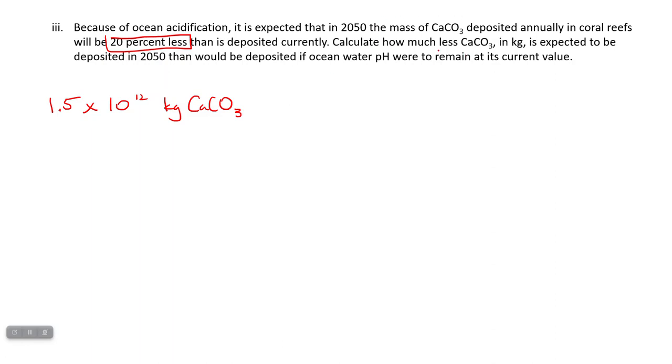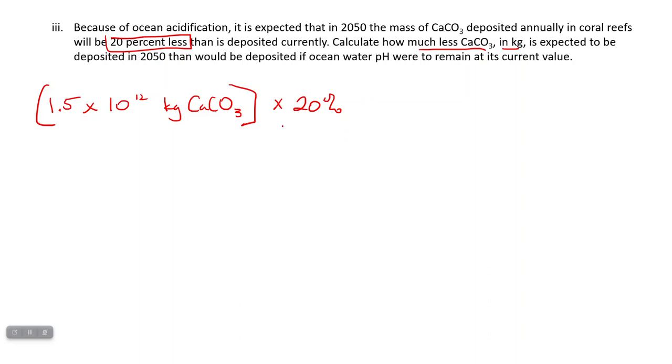They want us to calculate how much less calcium carbonate in kilograms will be deposited in 2050 if conditions like ocean water pH stayed the same. So basically, we need to take this number, which is the current amount of deposition, and multiply it by 20% because that's how much less will be deposited.